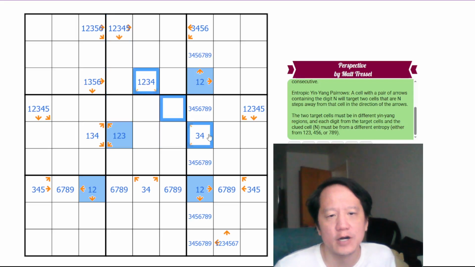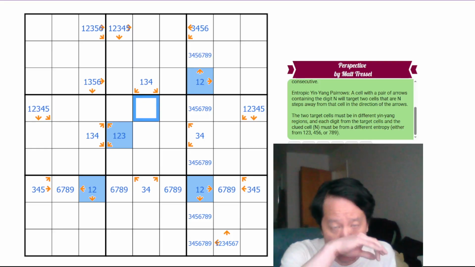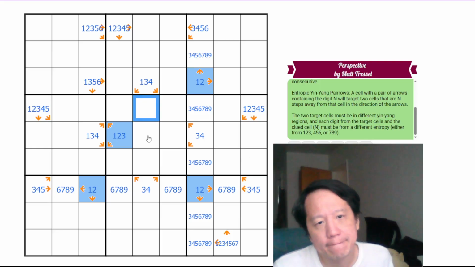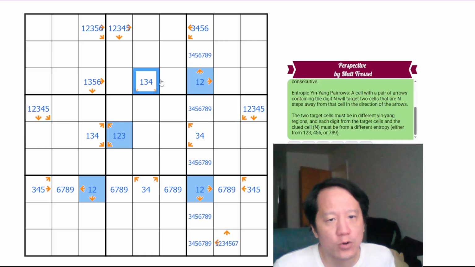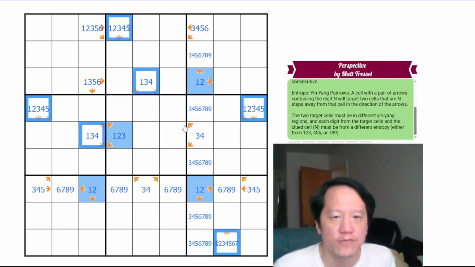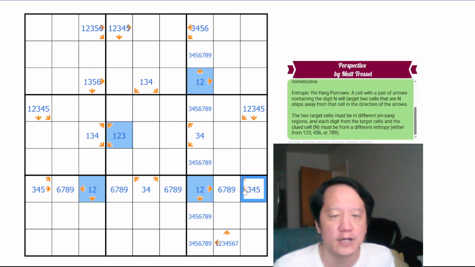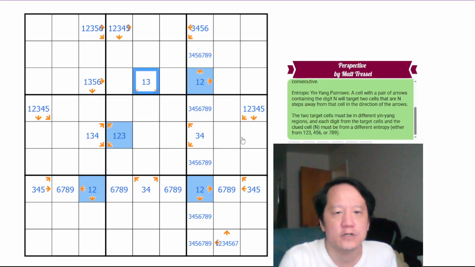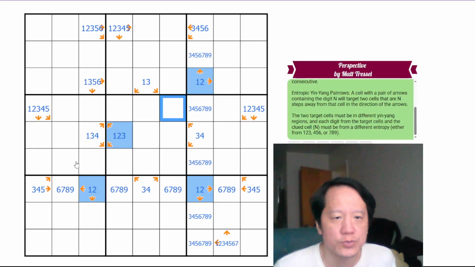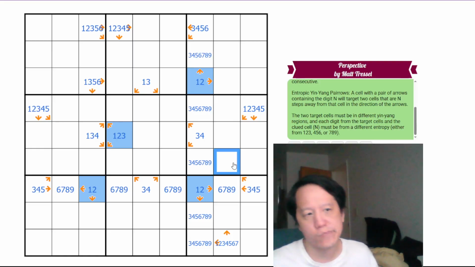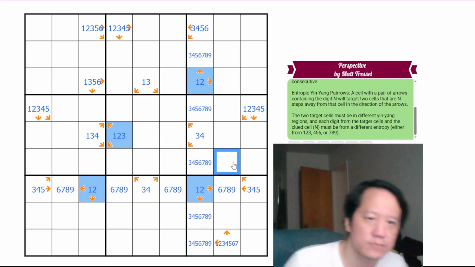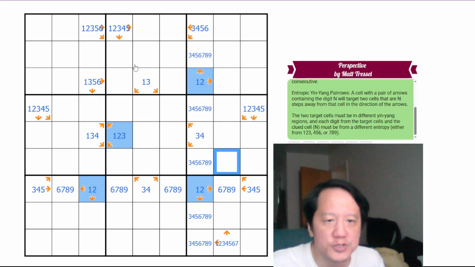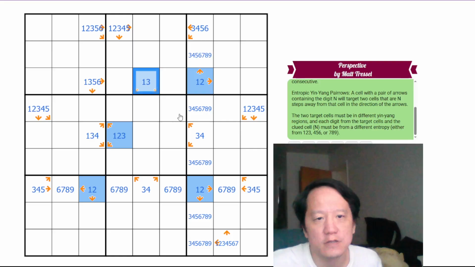This cannot be 2 either, because again, we need a high digit in both of those then. 4 away. Does 4 away work? No. If we had 4 away here and 4 away here, these two digits could not have a high digit. So it's 1 away, or it's 3 away here. Interesting. So this is 1 or 3, which is a guaranteed low.